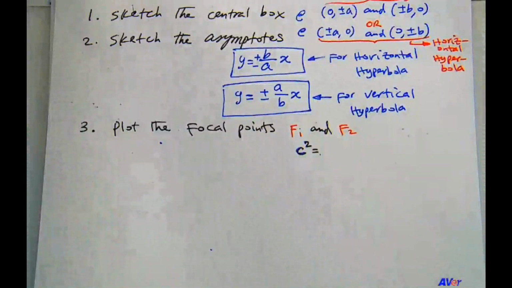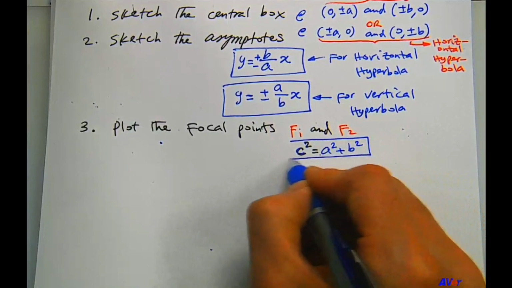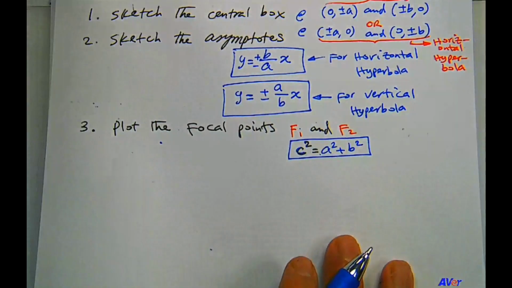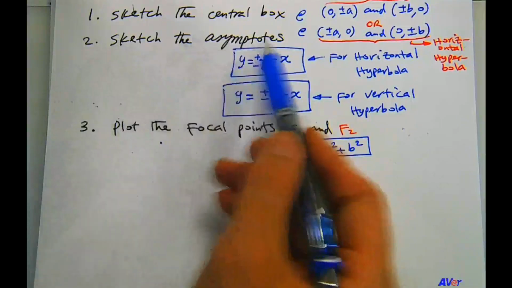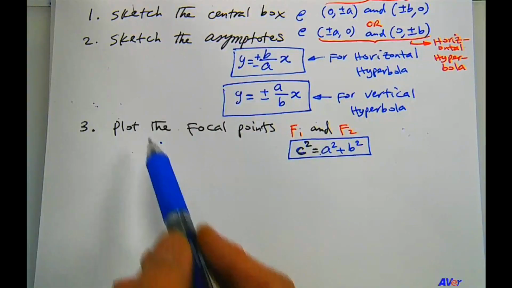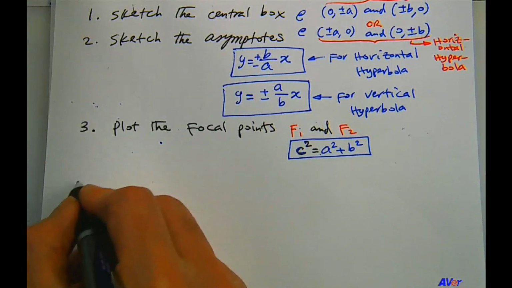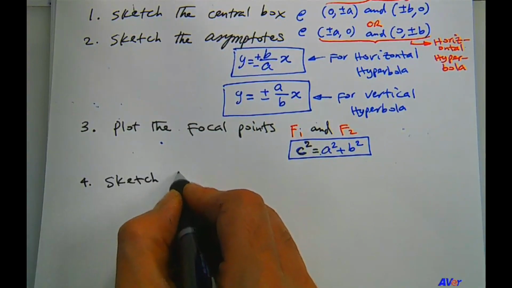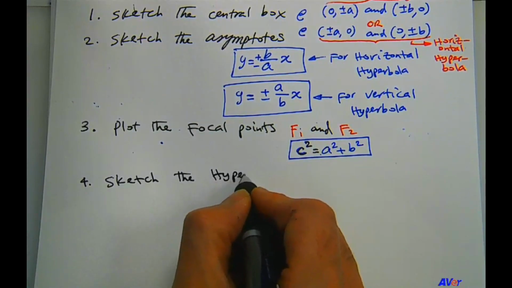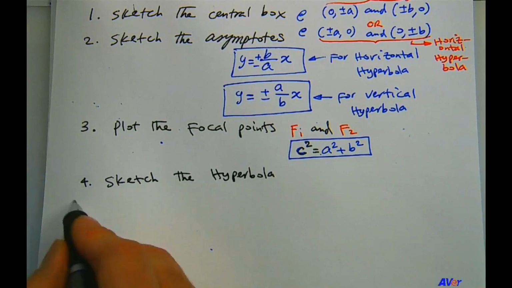We use that to find the focal points. Sometimes it's given to us, so we don't even need to use this formula. For sketching the central box, that's what we will be looking for. For sketching the asymptotes, this is what we will be using. For plotting the focal points, this is the formula. And finally, number 4, we would sketch the hyperbola. Okay, so that's the path for us to drawing a hyperbola.